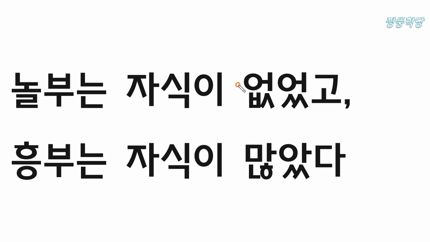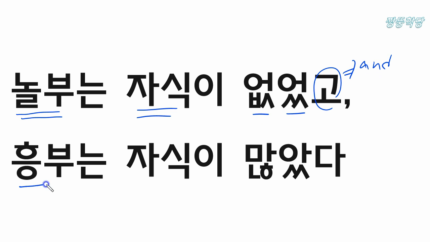Then the whole sentence means, in the case of Nolbu, his offspring did not exist, and 고 is and. In the case of Heungbu, his offspring was a lot, was many.